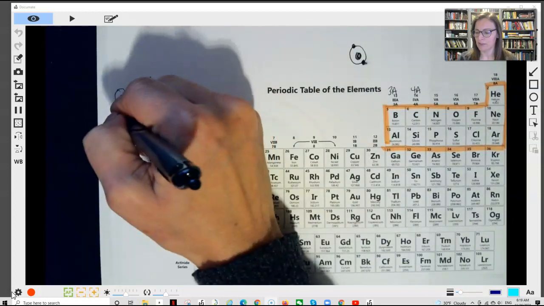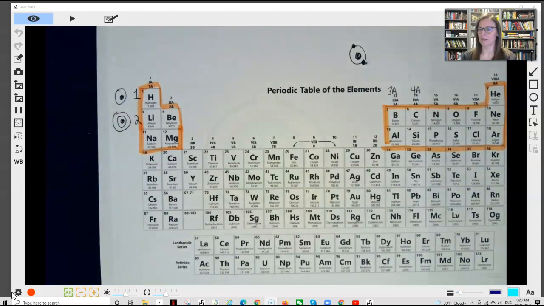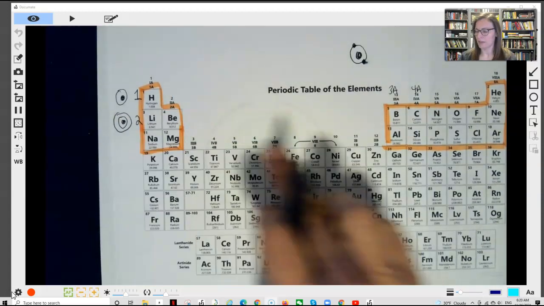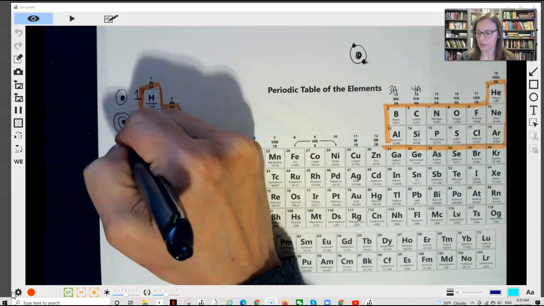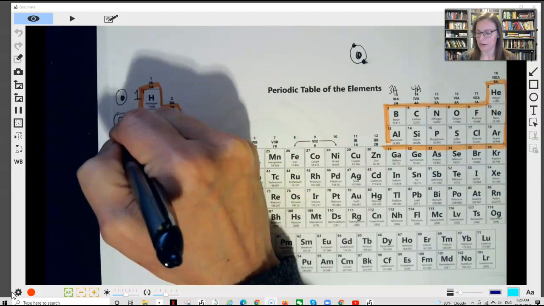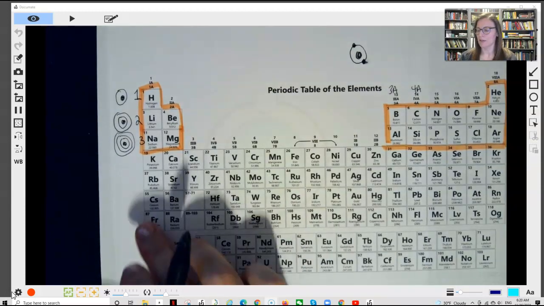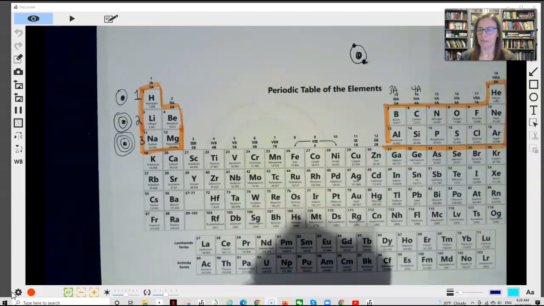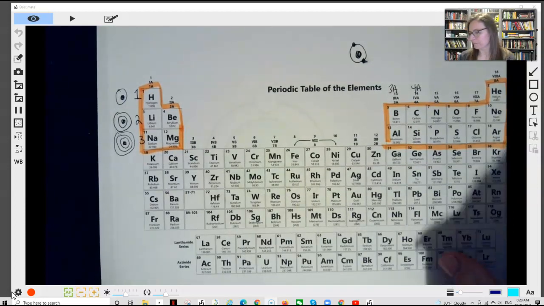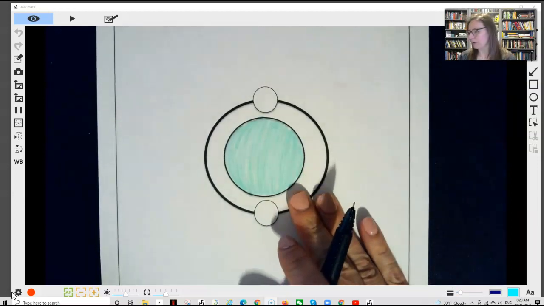If that's my nucleus, I'd have an atom that had 2 energy levels in the electron cloud. And then for these ones, I would have 3, right? And that's what you're going to see in your handout today. All right, and that pattern continues all the way down till finally we get to the 7th period, and there are 7 of those energy levels. Okay, so this one could be for hydrogen or it could be for helium.